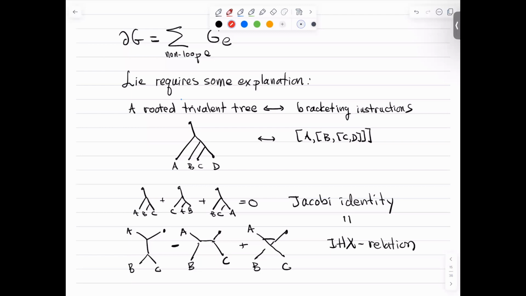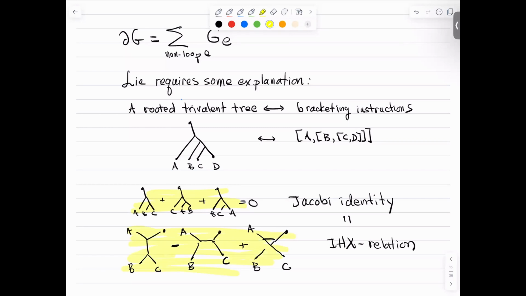Because one of my little rooted trivalent trees is decorating the vertex of one of my graphs. Well, how is that associated? Why is that associated to a Lie operation? The idea is that it shows me a bracket expression like that. And in a Lie algebra, brackets obey the Jacobi identity. And if you do graph homology, then instead of writing the Jacobi identity like this, you write it like this.